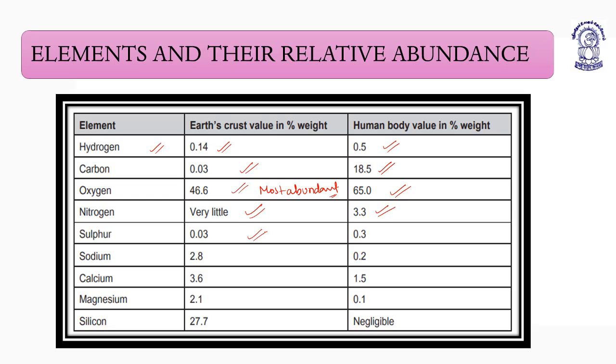Sulfur 0.03%, human body 0.3%. Sodium 2.8%, in human body 0.2%, but very essential. Calcium 3.6%, human body 1.5%, also very essential. Magnesium 2.1%, human body 0.1%. Silicon 27.7%, the second most abundant element after oxygen, and negligible in the body.